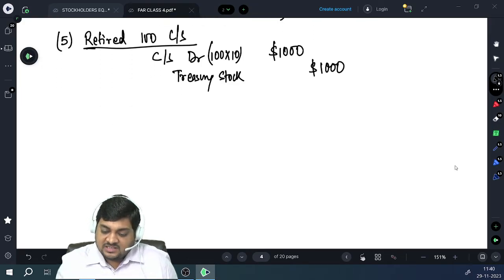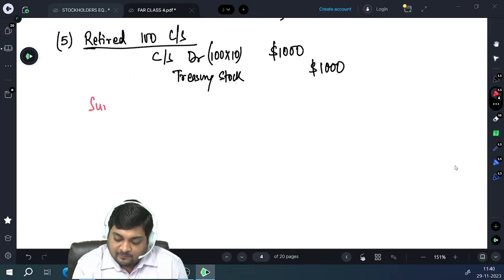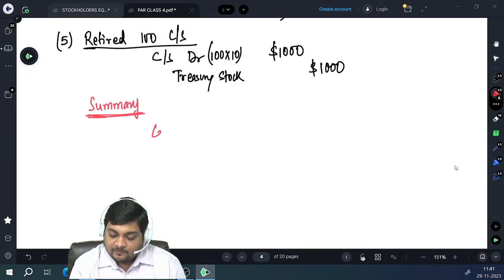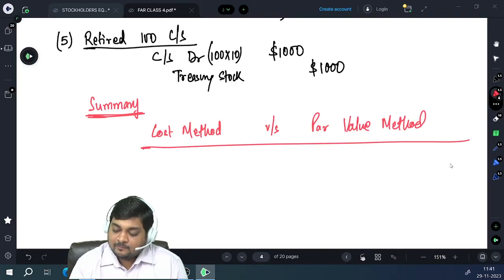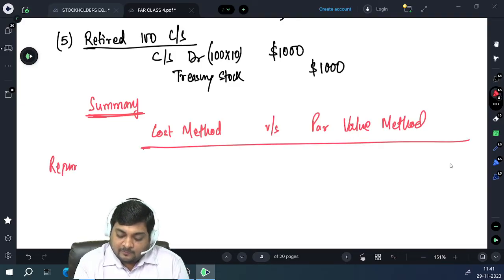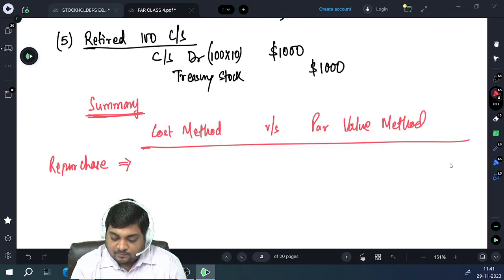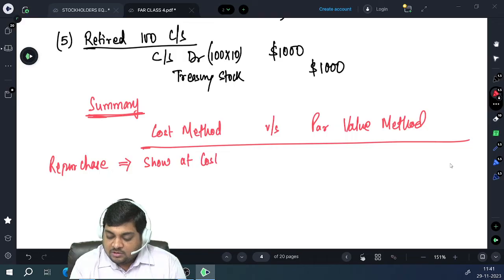So now I'll show you one summary. Repurchase: show at cost.